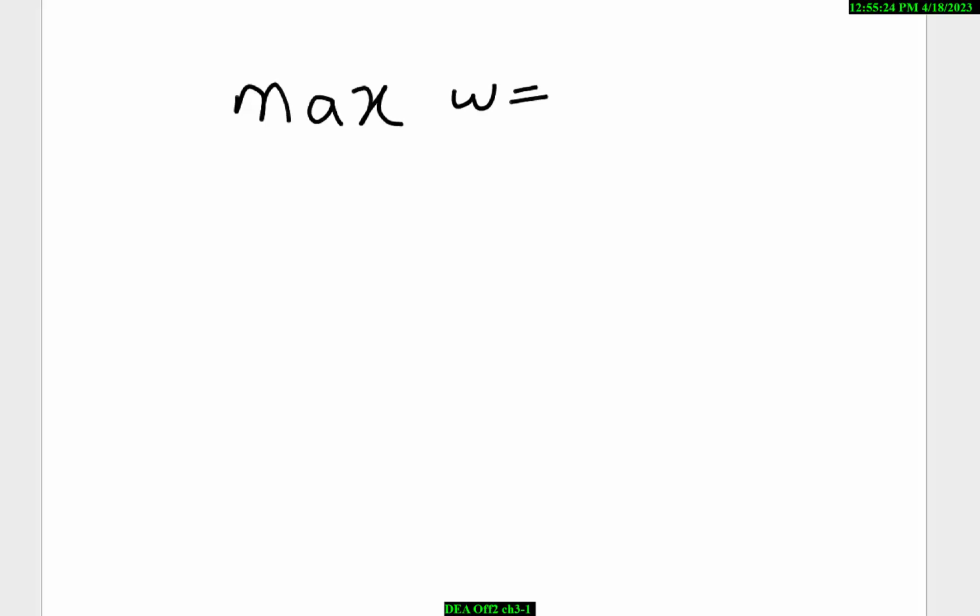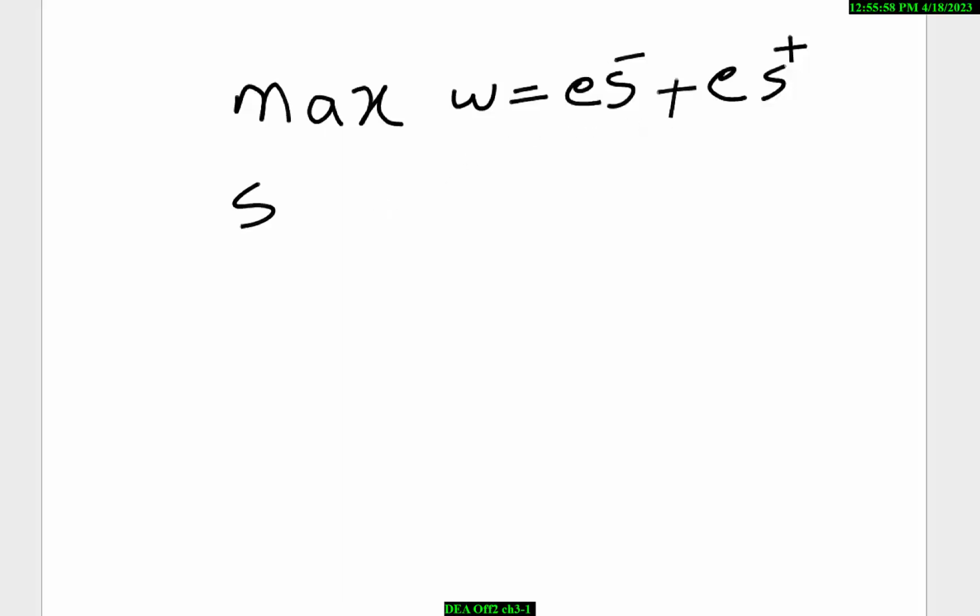We name it omega. Here E is a row M vector of ones, and this E is a row S vector of ones. So this is indeed the summation of all the components of the slack variables.